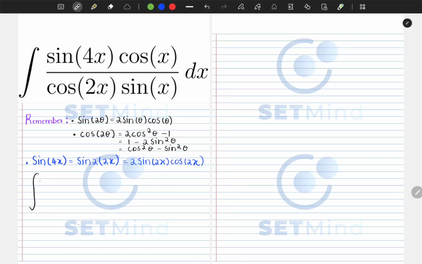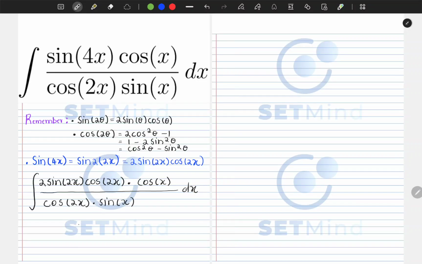Wherever I see sine of 4x, I can replace it with 2 sine of 2x multiplied by cos of 2x, and then multiplied by the cos of x, which was always there, divided by our denominator, cos of 2x multiplied by sine of x dx.